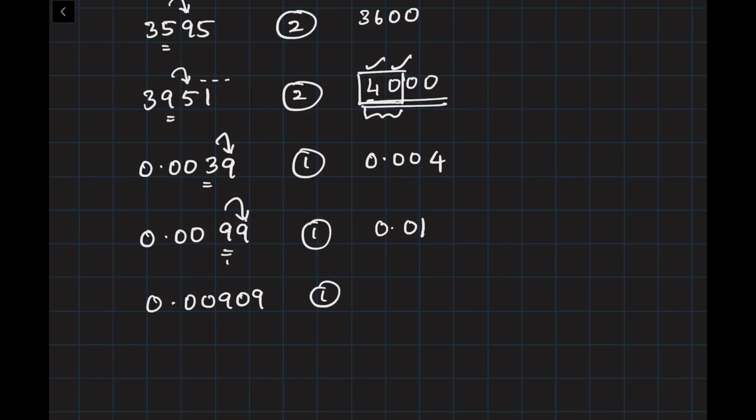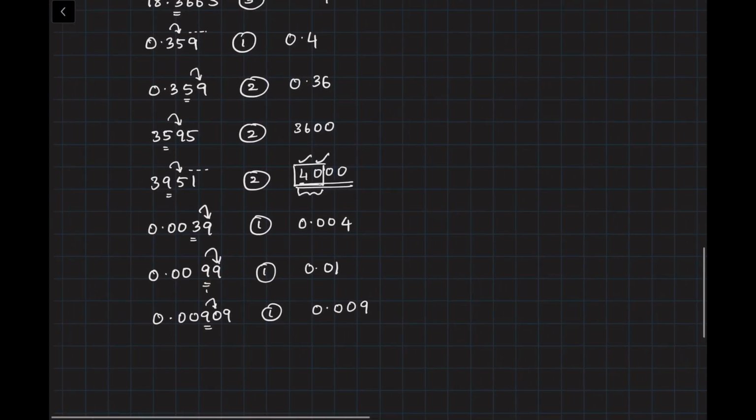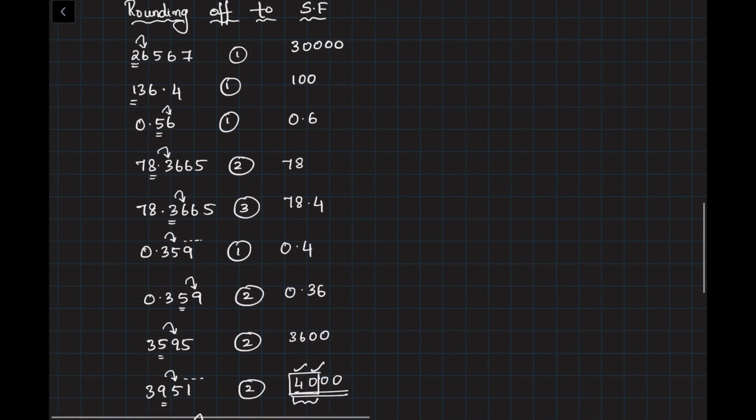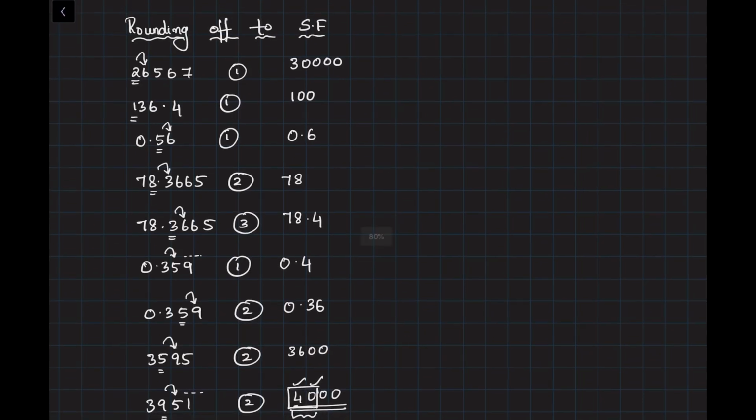The next number, 0.00909, you have to round off to one significant figure, means you have to do the rounding process over here. Next number is 0. So the number will be retained as 0.009 only. Understood? So that's how you should round off to a particular significant figure.